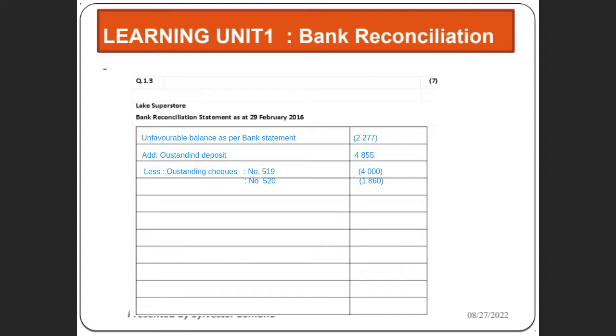But I prefer to write correction of error, and then I can put that check number here, which was check number 5671, and the amount was 1,000.